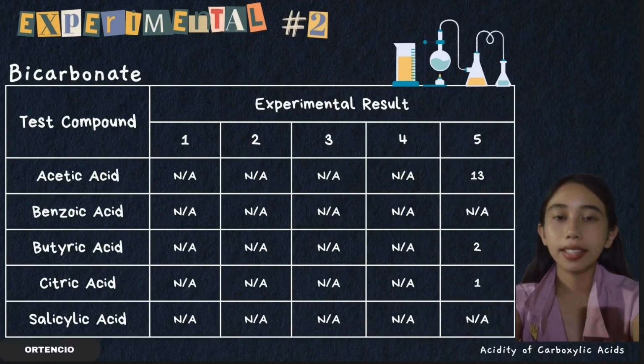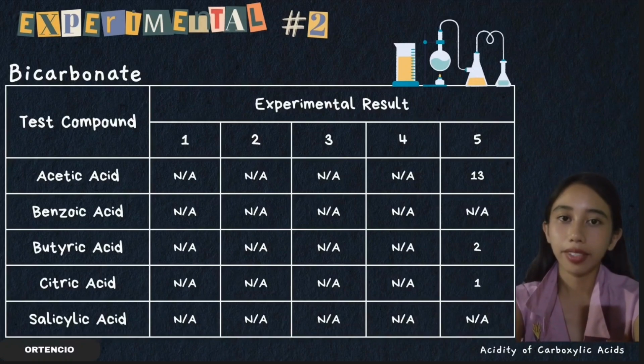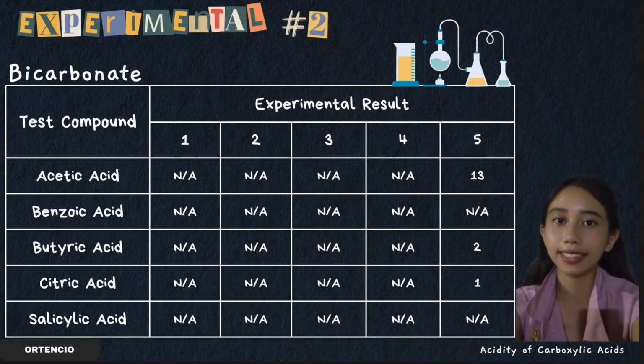In butyric acid, only group 5 was able to conduct the experiment, successfully neutralizing the solution with 2 drops of sodium hydroxide. This indicates strong acidity. And in citric acid, group 5 neutralized the solution with only 1 drop of sodium hydroxide, indicating that this acid is the most acidic among those tested. And none of the groups was able to perform it for salicylic acid.